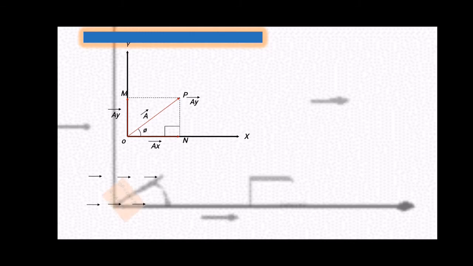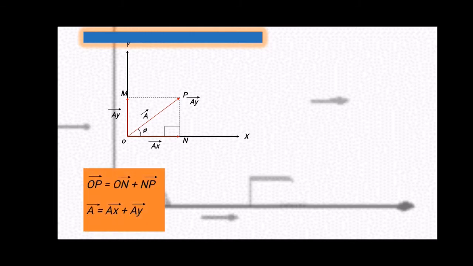We can write it as OP is equal to ON plus NP. Then we have A is equal to A sub x plus A sub y, where the components of A are A sub x in the x direction and A sub y in the y direction.